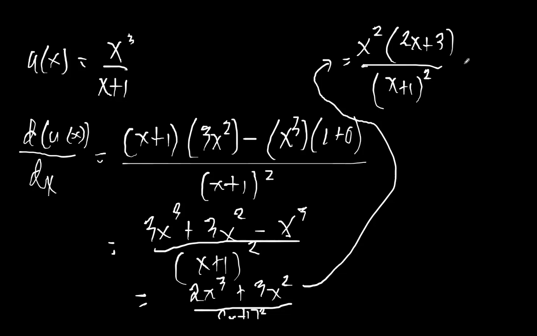All right, so this is our u prime of x, or this is equal to du of x over dx, or with respect to x. So we're now going to combine these two with the use of Leibniz's way of writing the derivative using the chain rule.